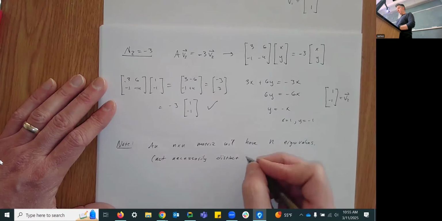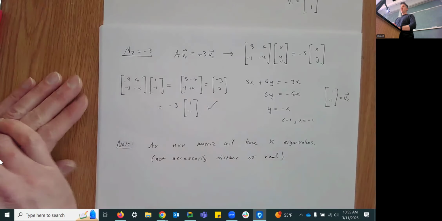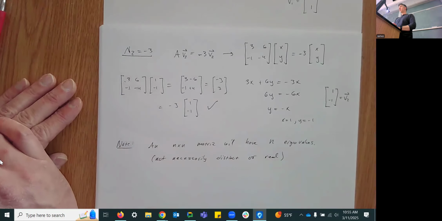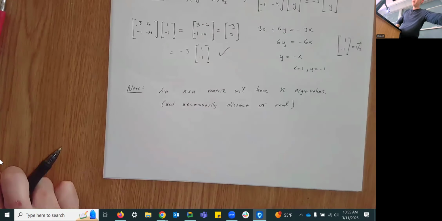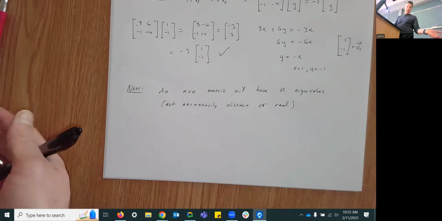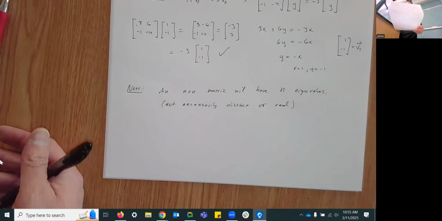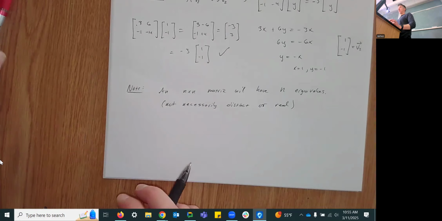Not necessarily real. They could be imaginary. They could be repeated. All sorts of funky things can happen. But you definitely get n of them. So if you had a 3 by 3 matrix, it would have 3 eigenvalues. If you had a 7 by 7 matrix, it would have 7 eigenvalues. But most of the time, we just focus on the ones that are 2 by 2, because that's what we're definitely doing next week.